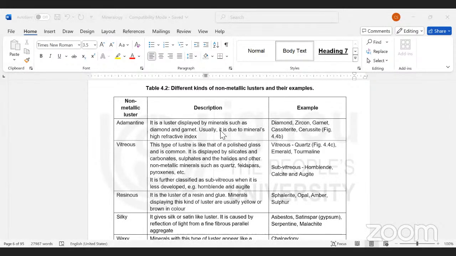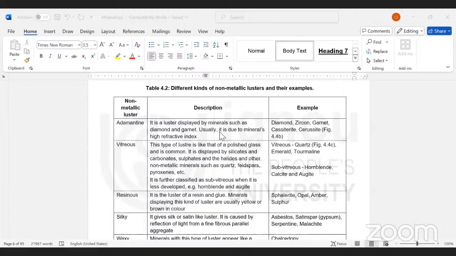Different kinds of non-metallic lusters and their examples are explained here. Adamantine luster is displayed by minerals such as diamond and garnet. Usually it is due to the mineral's high refractive index. The best examples for this are diamond, zircon, garnet, etc. Vitreous luster is very common, like polished glass sections. The best examples are quartz and feldspars. Sometimes we see tourmaline with vitreous luster, and quartz also has vitreous luster.